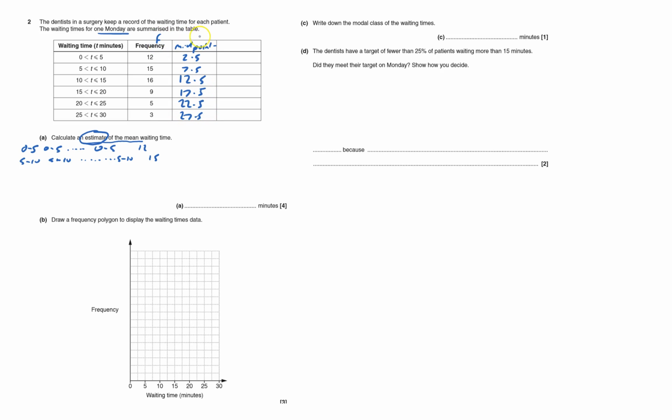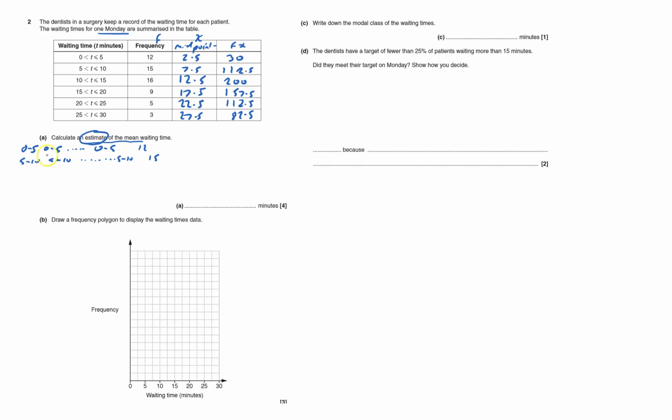And the frequency is f, and the data or the value I call x, and this bit is fx, because I've got 12 2.5s, and 12 times 2.5 is 30, and then I've got 15 7.5s, and that's 112.5, and we got 200, and we got 9 17.5s are 157.5, 5 22.5s are 112.5, and finally we got 82.5.